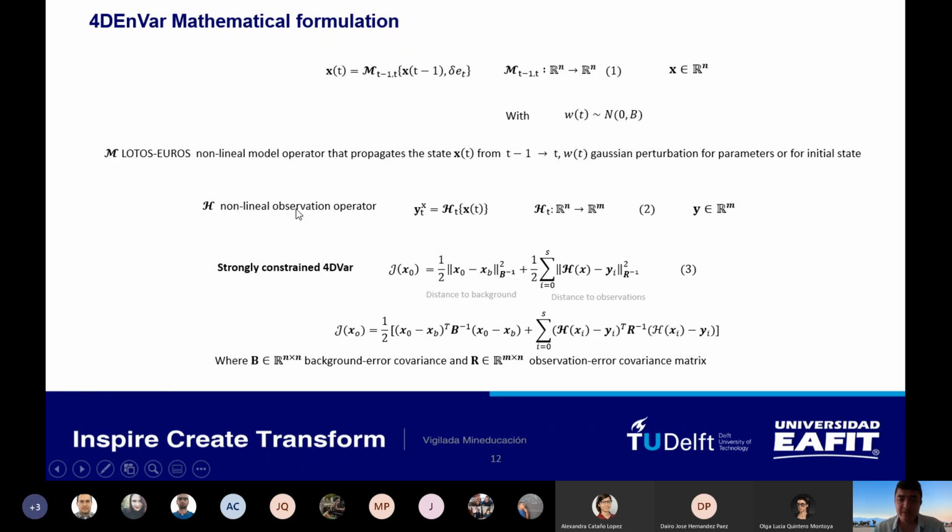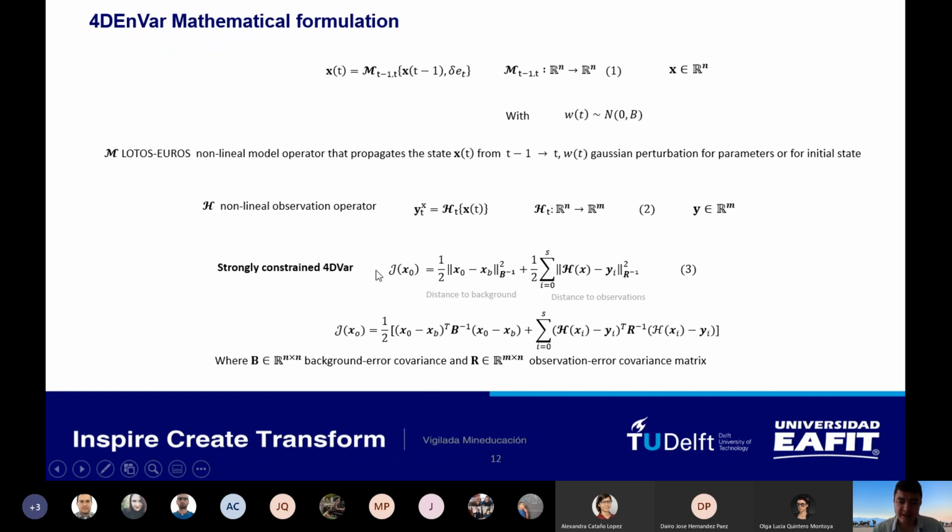The observations are made using the nonlinear operator, which is in this case H. What does H do? H makes the mapping from the dimension of the states of the model to the observation states. So the dimension is reduced because in these cases it's more general that you have a smaller number of observations than states.